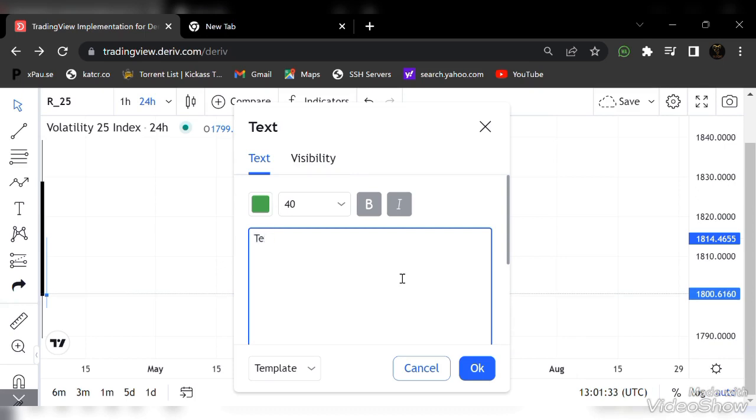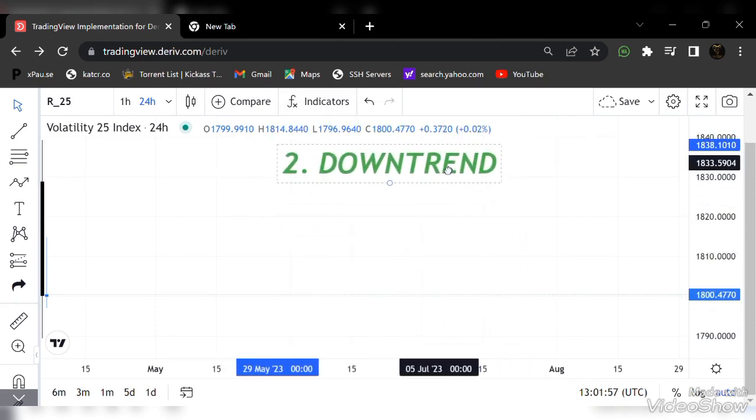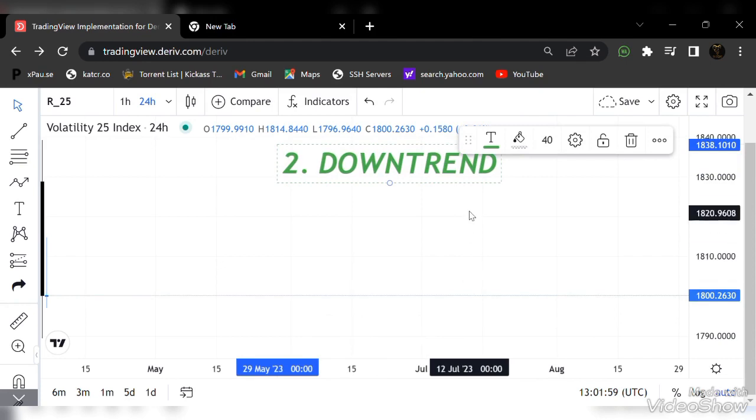So the second market structure that we have is called a downtrend.